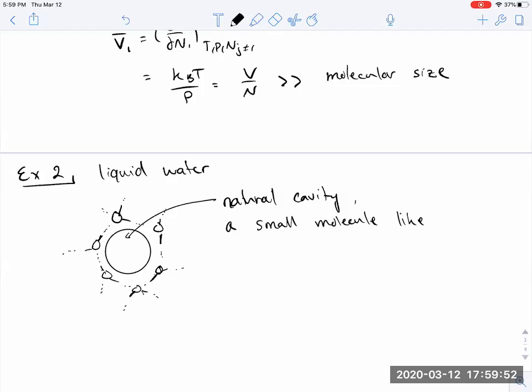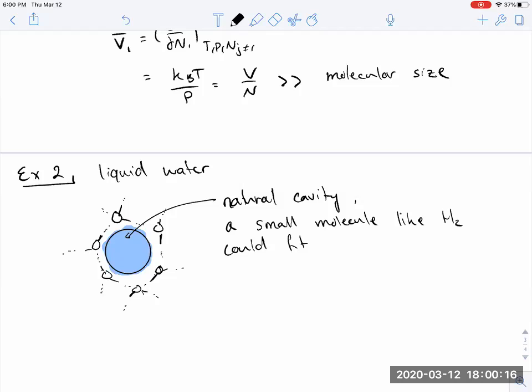One could imagine that I could fit in that cavity a little solute. Like take, for example, H2. That's pretty small. It probably could fit in there. Again, fit in this little cavity. If it could fit in there, it would do so without disrupting how the water are arranged.